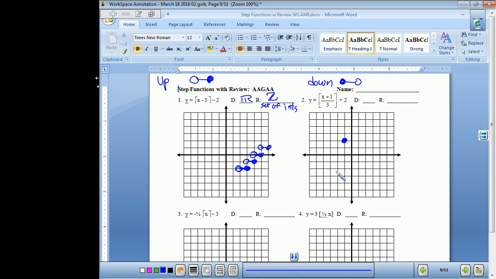Now, normally we go over 1 unit. But this one has a horizontal stretch by a factor of 3. So instead of being 1 unit across, it is 3 units across. So we're going to stretch that horizontally. And we're going to go over 1, 2, 3, open.